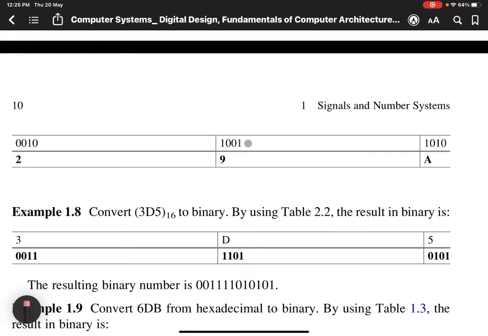The second group is equivalent to 9, and the third group is equivalent to A. So the binary above is equivalent to 29A hexa.